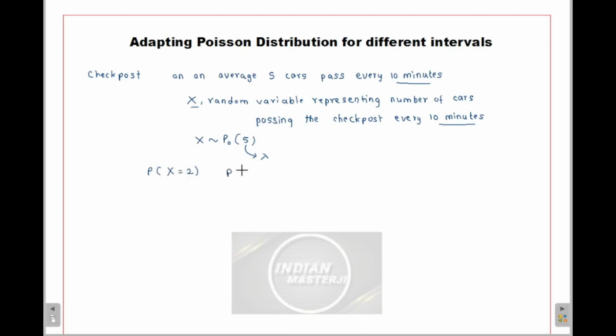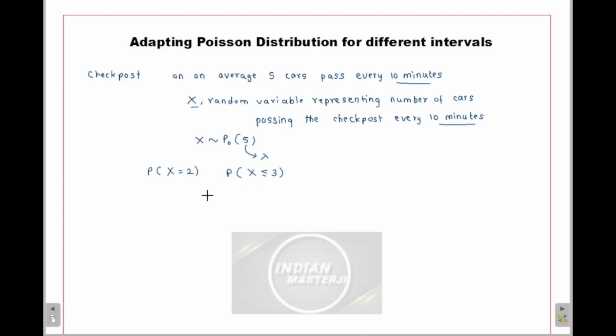Or we have seen a question like this: find the probability that in a randomly chosen 10 minutes less than 3 cars pass through the check post. Correct?